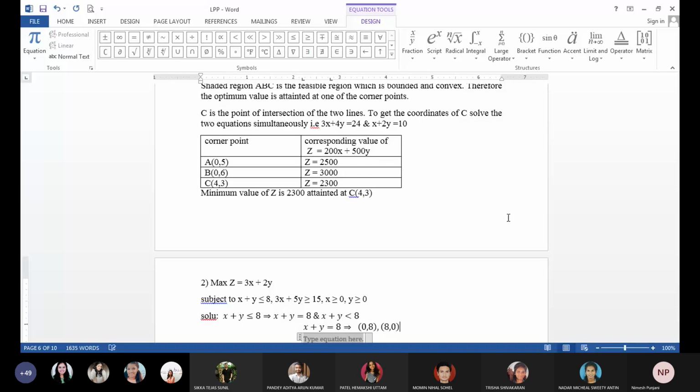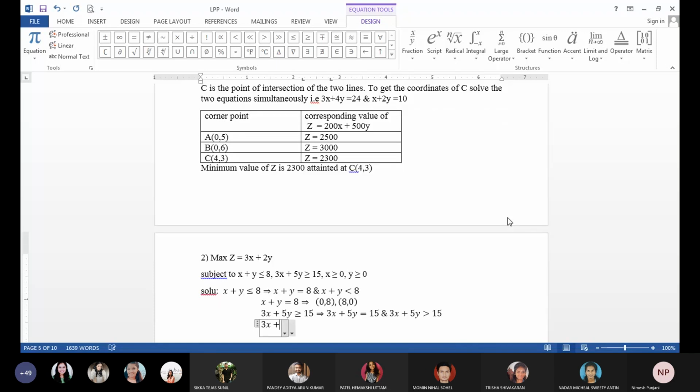Okay. Then we have 3x plus 5y greater than or equal to 15. That will give us 3x plus 5y equals 15 and 3x plus 5y greater than 15.